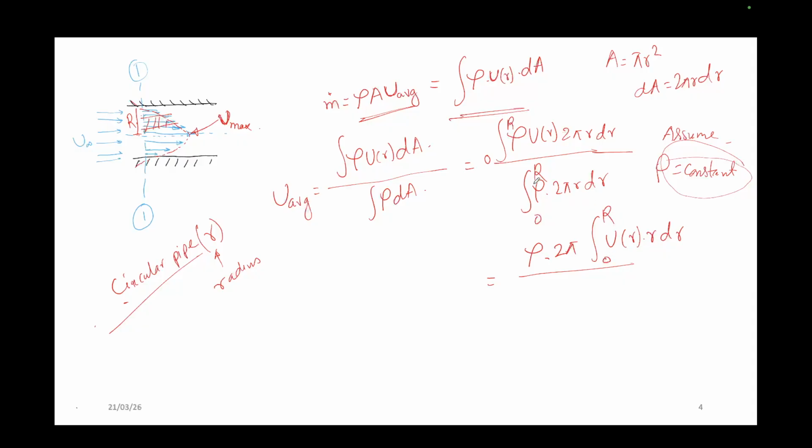That means you need only the value of u(r). U should be a function of r. So if in the question u(r) is given, then you can accordingly find out this value, right? Similarly, if you integrate the denominator, 2 pi r dr, you will get r square by 2.